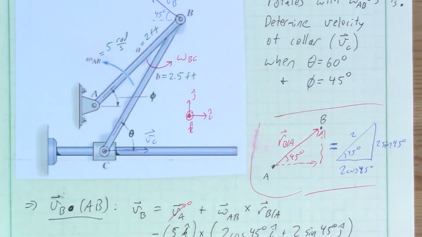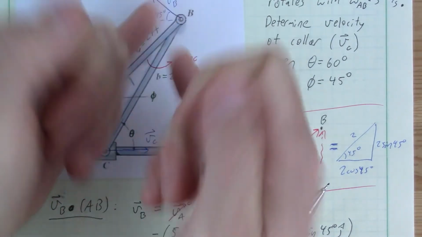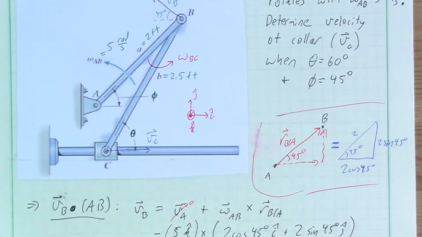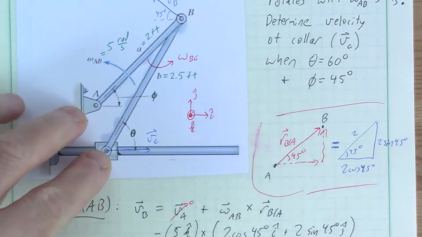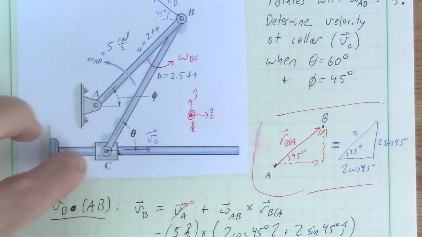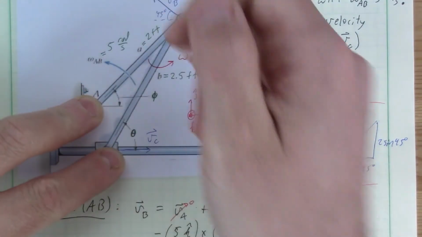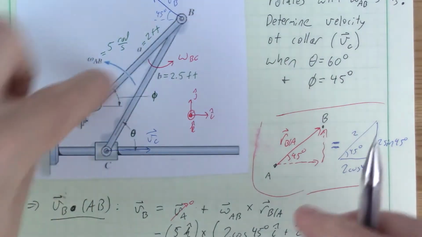If we're rotating this way, this is probably moving that way, so maybe that one is valid. I think that's going to be the correct direction. And here's an example where they're actually both in the same direction because we don't have two pin points. This is a slider allowing this one to move. If this was pinned to the ground as this rotated, then there's an even number of bars here.